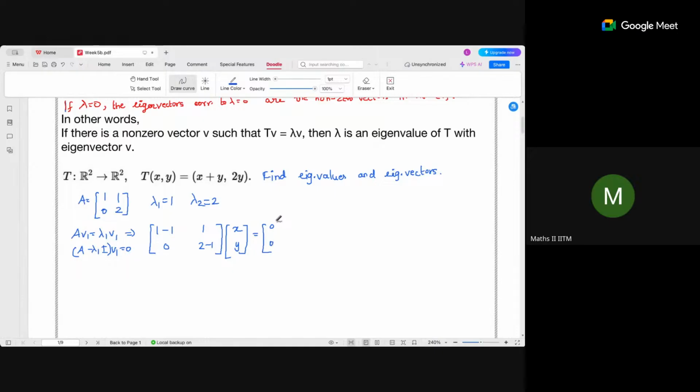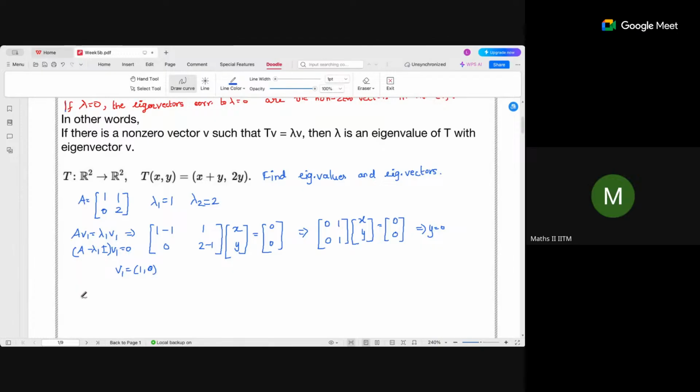What does this give you? You get y is equal to 0. So we can take v1 to be 1 comma 0.